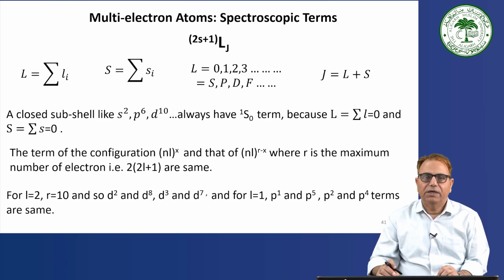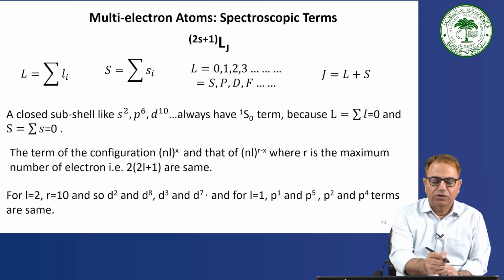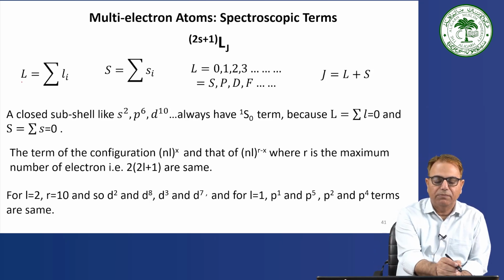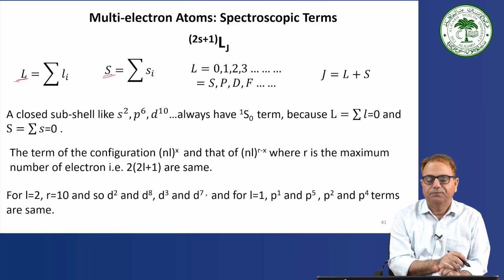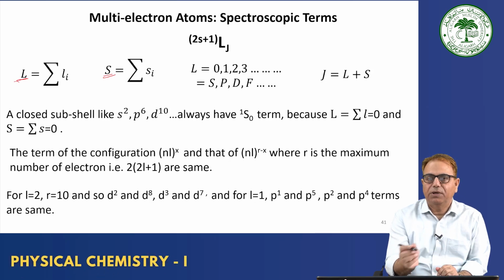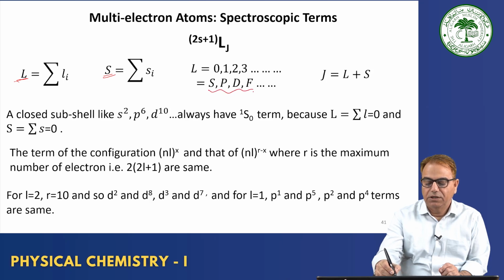Same way, the total resultant spin angular momentum is the summation of all si, and it is given as capital S. Since we are talking about multi-electron atoms, we will be more interested in capital L and capital S. Whenever you calculate this capital L value, it will be an integer, and corresponding to each integer, there will be a spectroscopic symbol. This SPDF, which is called, is actually a spectroscopic symbol.